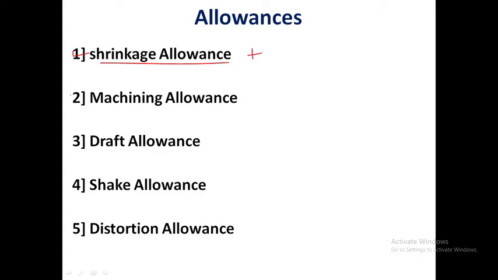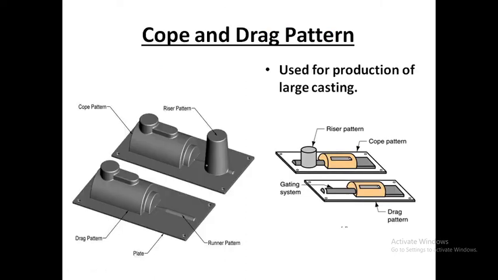Next, machining allowance. This machining allowance is also called the finish allowance. For a good surface finish, machining of the casting is required. That means for machining, extra material is needed. Whenever we produce a casting, to get a good finish, some extra material is needed on the produced casting.